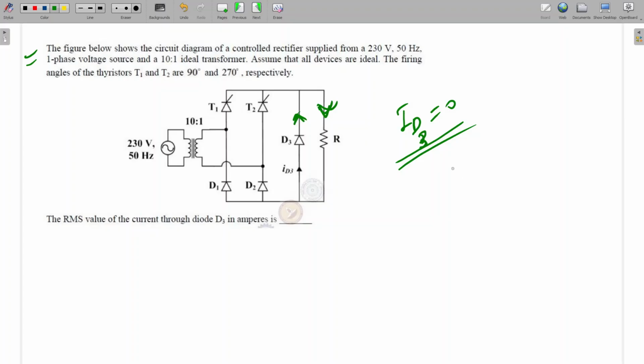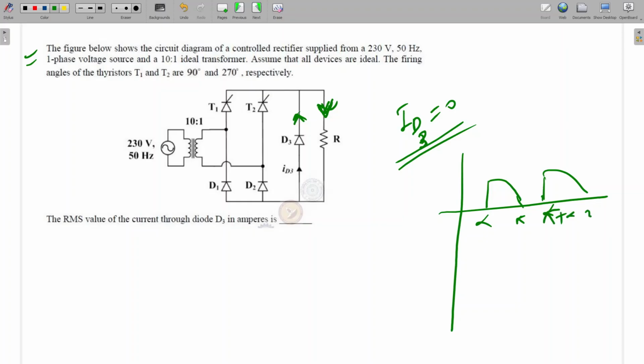Sir, if an RL load is here, then I3 will conduct. Yes, if the load current is continuous, then that current will come here. See, I will draw the waveform for this one. The output voltage will be like this: alpha to pi, and again pi plus alpha to 2 pi.